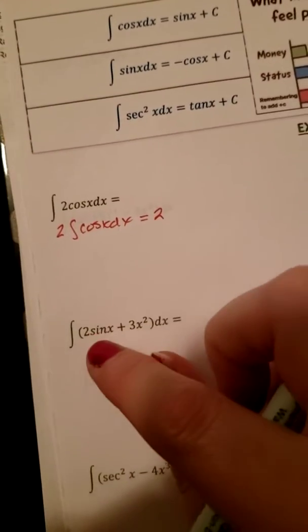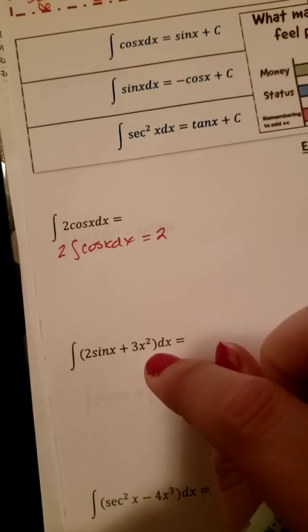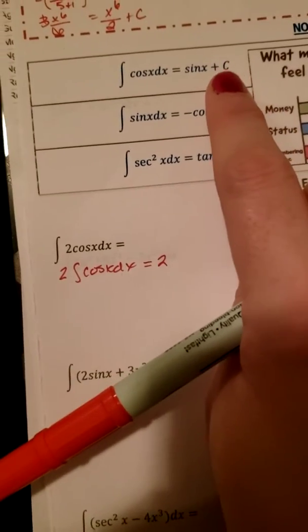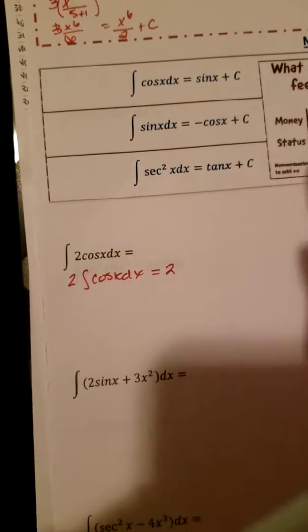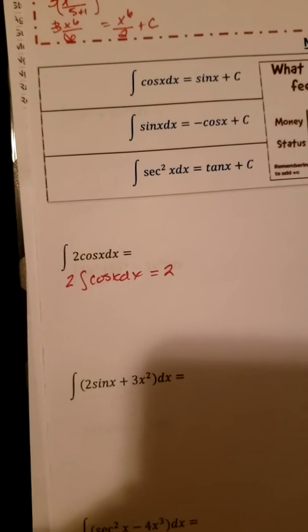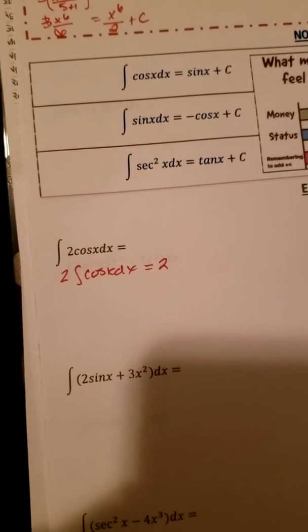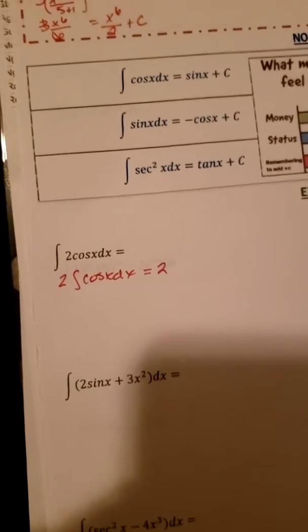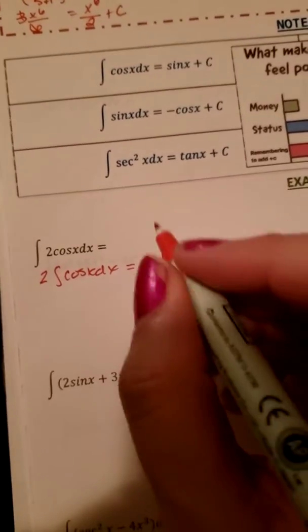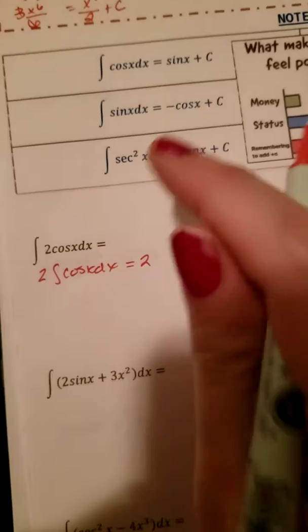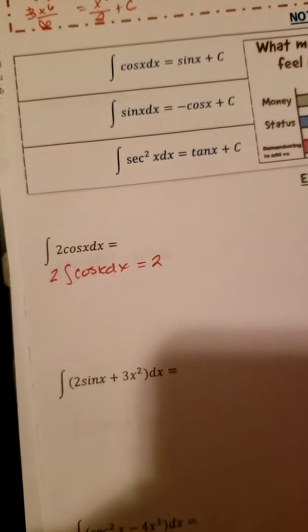Now, if you're taking the integral of multiple things, you can wait and do the plus c at the end, because each one individually will have a plus c. But since you don't know what c is, when all those c's add together, it's just plus c again. So the antiderivative of cosine x is sine x.